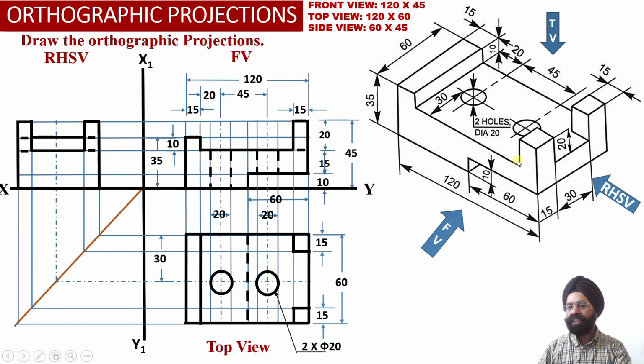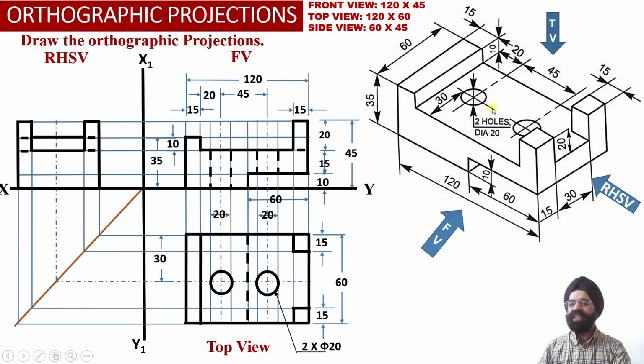So this horizontal surface and this horizontal surface have been covered by these two vertical blocks. So this horizontal surface, 15 millimeter depth, will be visible as a dotted line from the right hand side projections. This horizontal surface on the back side of this vertical block will also be visible as a dotted line projection in the right hand side view projections over here.